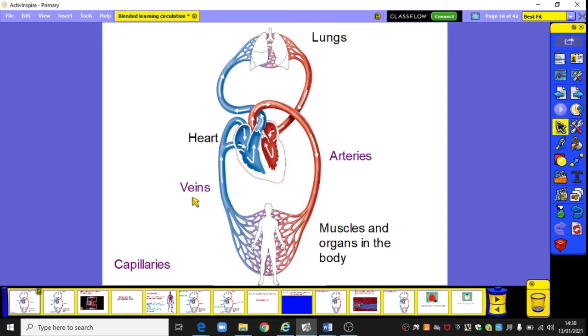Might have given you a bit of a head start clue there. Remember, veins with that capital letter pointing us back to the heart. And the capillaries, we've just found out, are those very small, tiny blood vessels that transfer the blood from the arteries to the veins within our body.